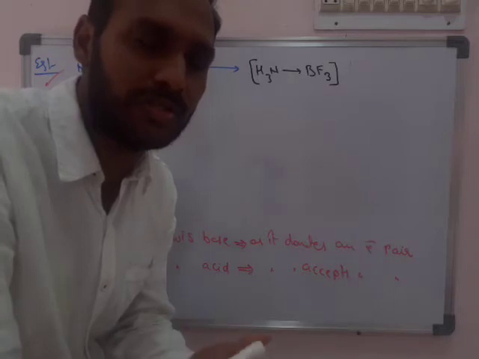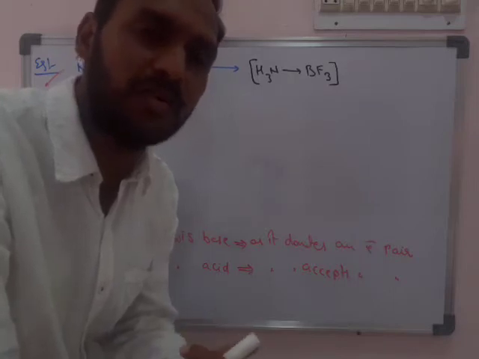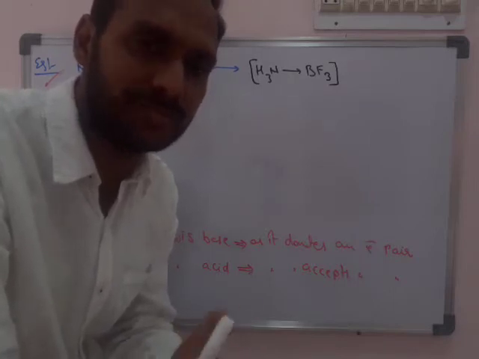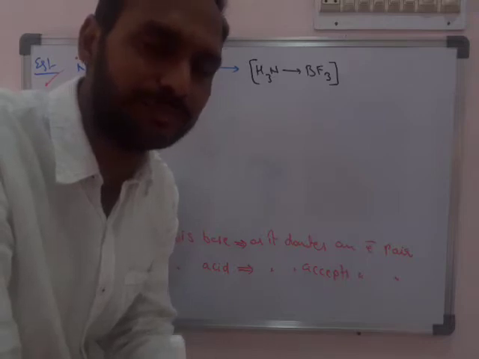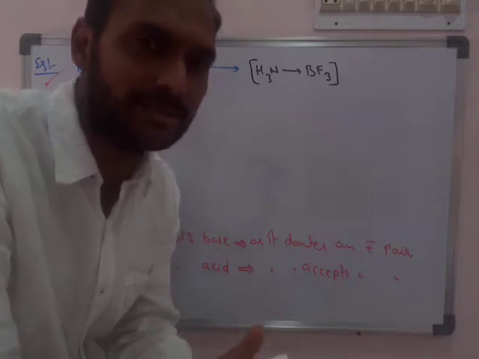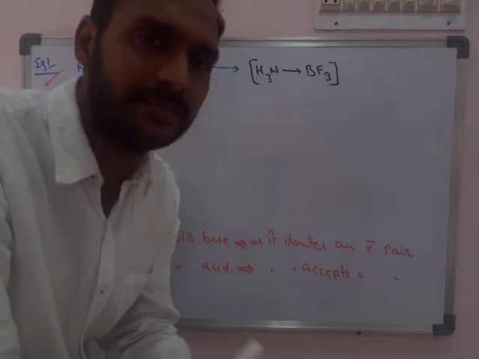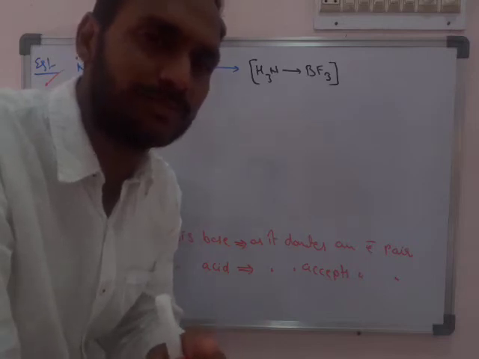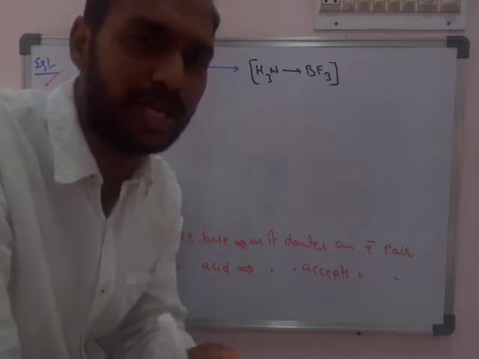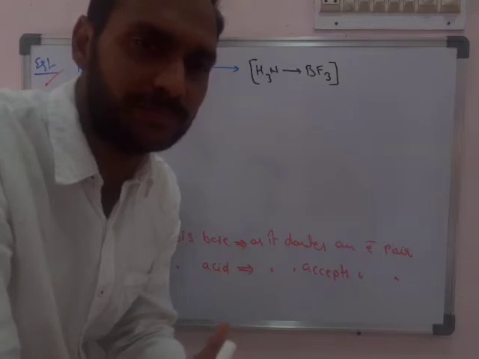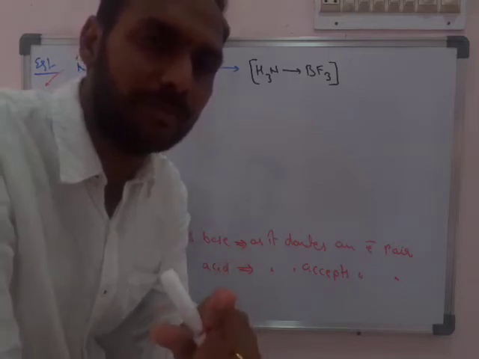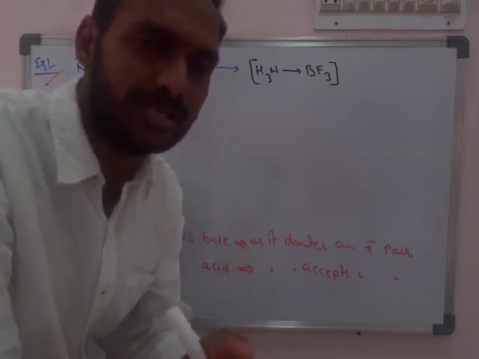Generally they are acidic in nature. But how they act as acids cannot be explained with the help of Bronsted theory. So actually it was a big drawback in Bronsted theory.